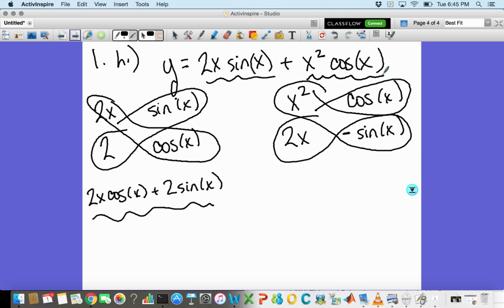So we're going to add on to it 2x cosine x minus x squared sine x. These will combine to be 4x cosine x, and we have a plus 2 sine x minus x squared sine x. And this would be y prime that we have found.